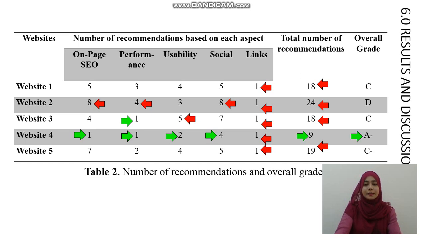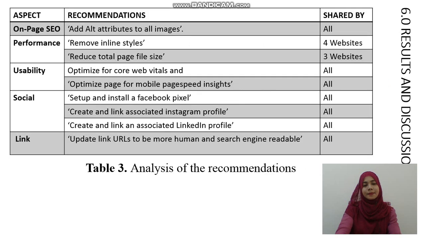Website 4 scored the best overall grade, which is A-, compared to other websites. Table 3 shows the analysis of the recommendations. 7 recommendations from 4 aspects, on-page SEO, usability, social, and links, are shared by all websites.